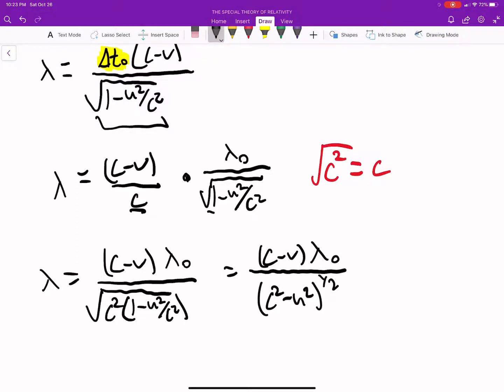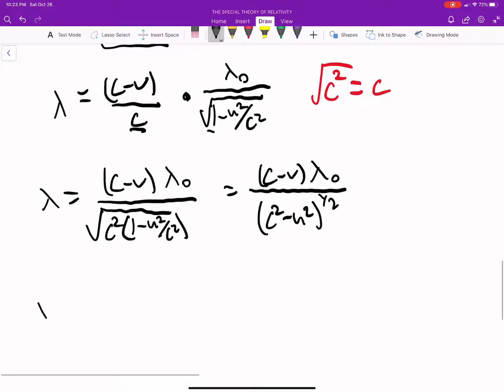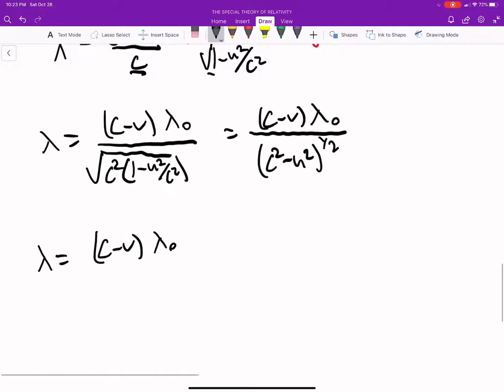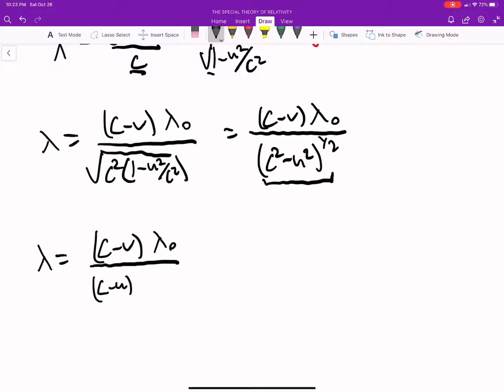Okay, so now that we have that, we can say lambda is equal to c minus v times lambda naught all over, if we simplify this, what we'll get is c minus u to the 1/2 times c plus u to the 1/2, since what's inside is the difference of squares.